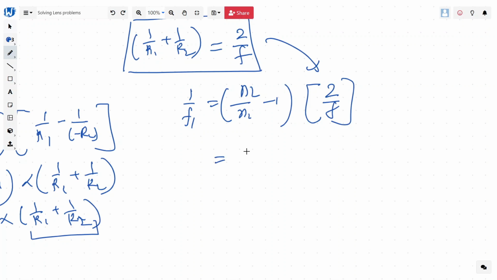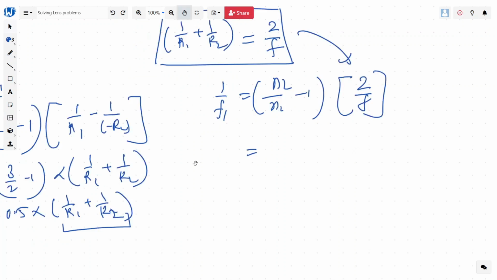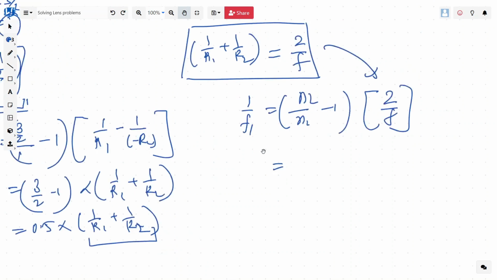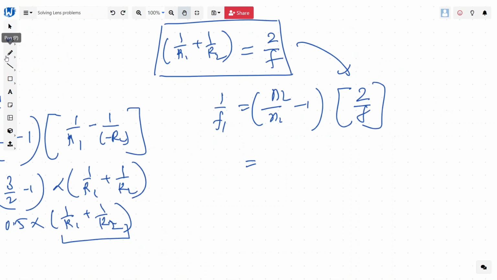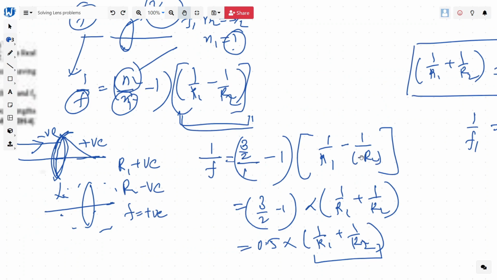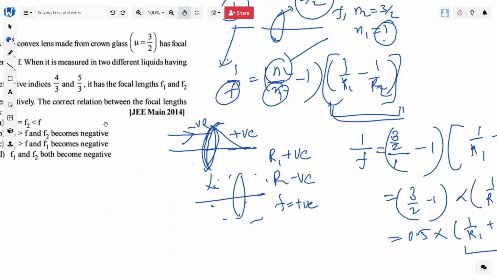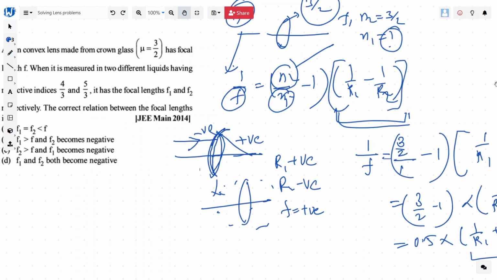So now we know the n2 is the refractive index of the lens, that is not going to change, that is going to be 3 by 2. Okay, so I'll write that down, 3 by 2, and the n1 is the refractive index in which it is going to be immersed, and n1 is now going to be 4 by 3.